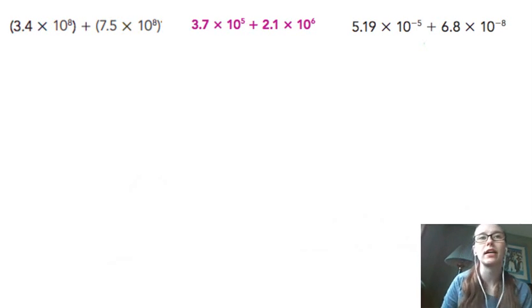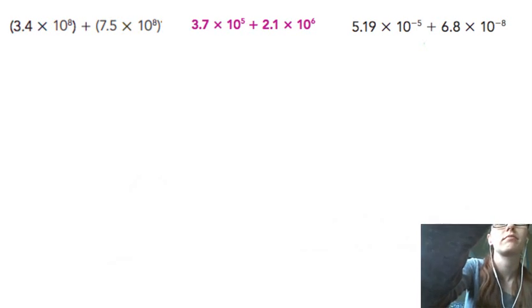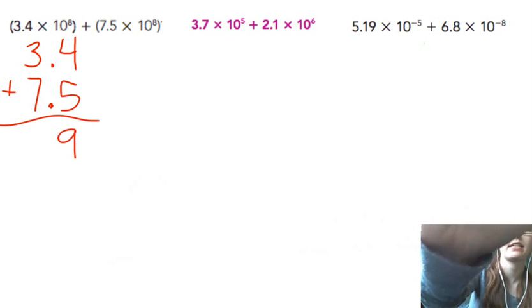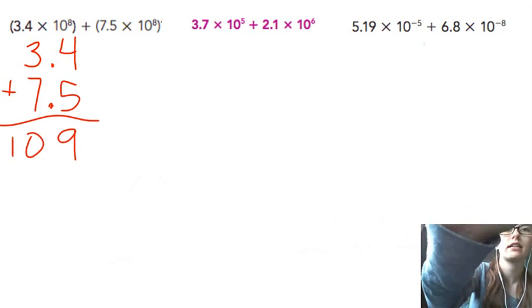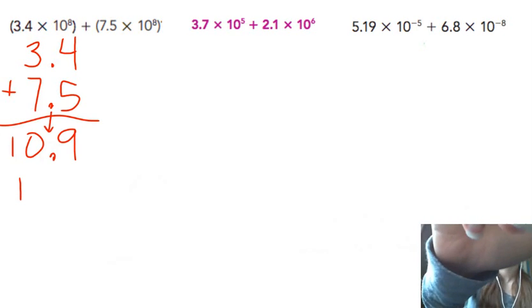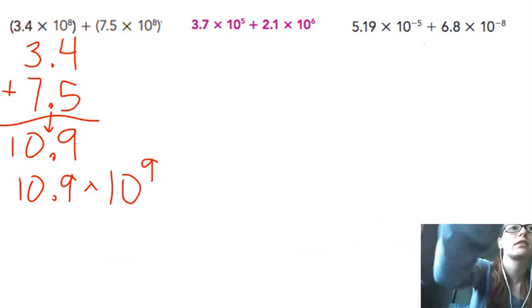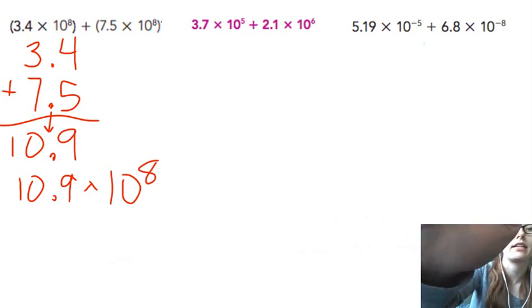So because they are the same size, I can just look at the mantissas and add them together. And when I add decimals, I have to line them up. So 4 plus 5 is 9, 3 plus 7 is 10, and I bring down the decimal place to get 10.9. So I get 10.9 times, I keep the power the same, I get 10 to the 8th.